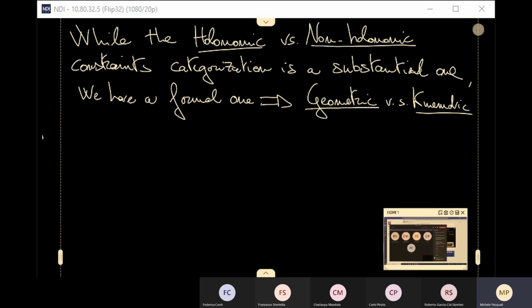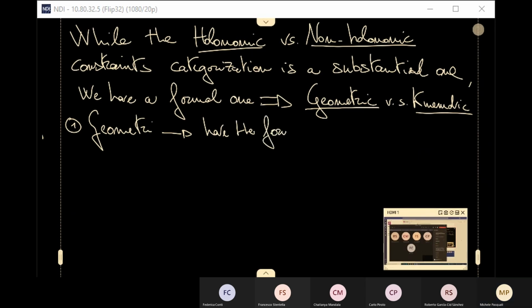So what's the relationship between the two? So we have geometric constraints, which have the form C(q, t) equal to 0.